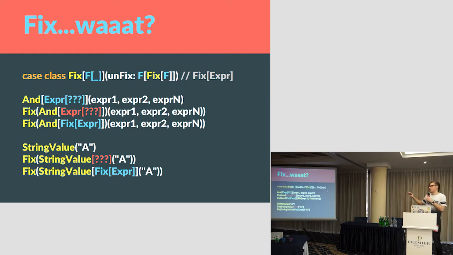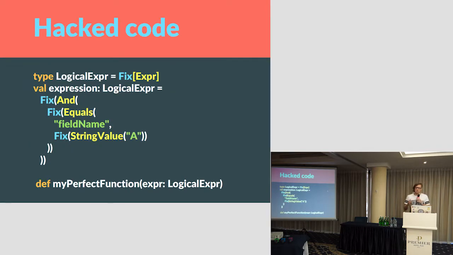Okay, because we don't have any fields that must have this type, we can say that the generic type of string value can be Unit, User, Option, or fixed expression, whatever we want. The compiler doesn't need to prove anything. It will just work. And after some changes, we can fix our problem a little bit. We will say that, okay, we have some type alias, logical expression, that will be the type of fixed expression. We will fix all the nodes of our tree, and we will be able to operate with it.